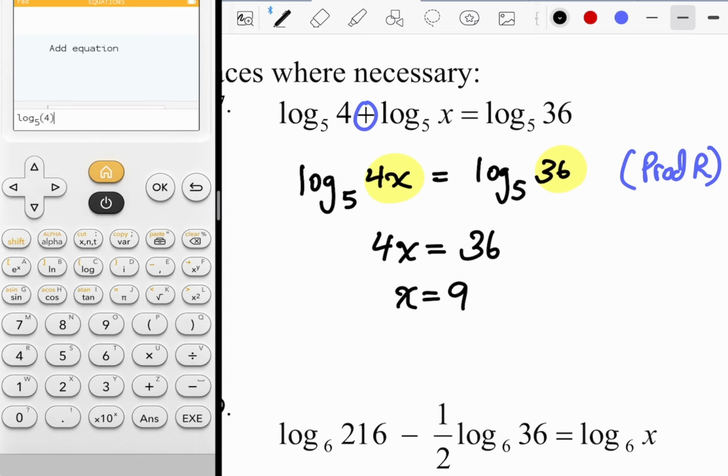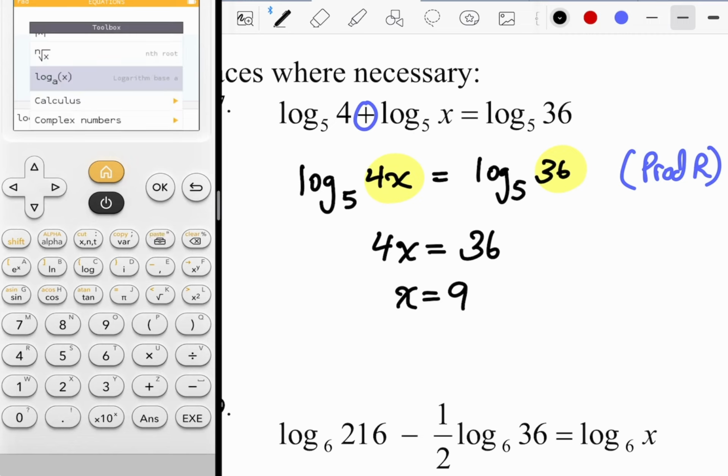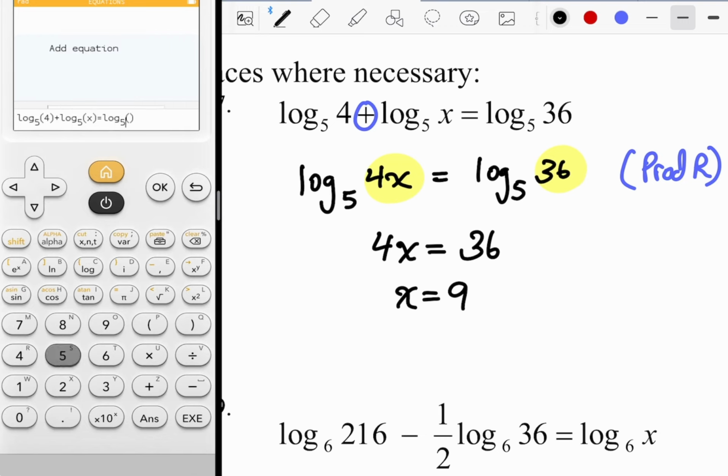I'm going to put the original equation in there, plus log base 5 of x equals, so shift pi to bring up the equals, log base 5 of 36. Go to solve the equation.